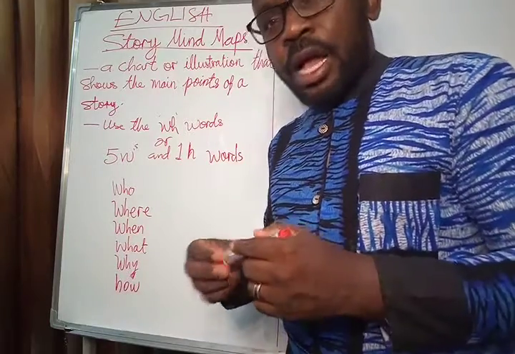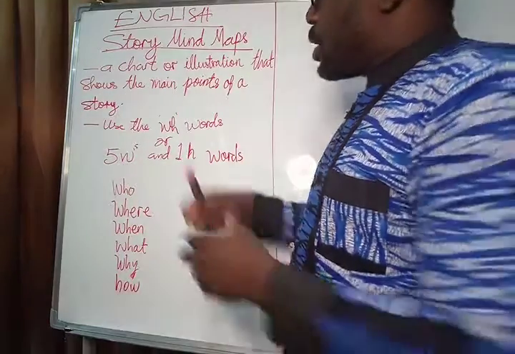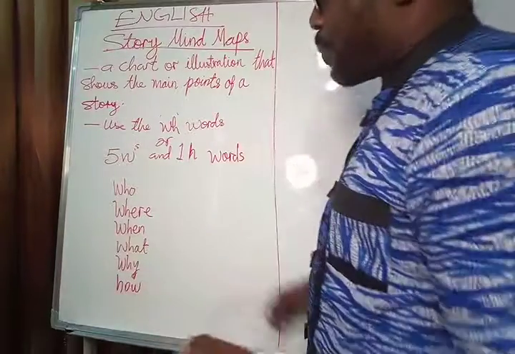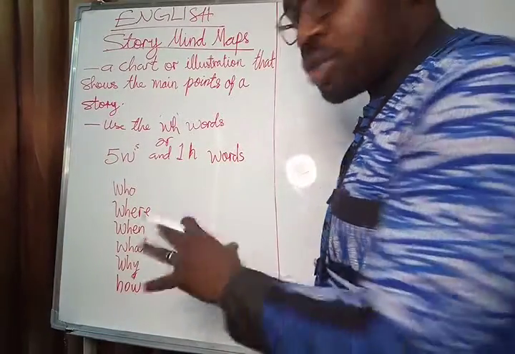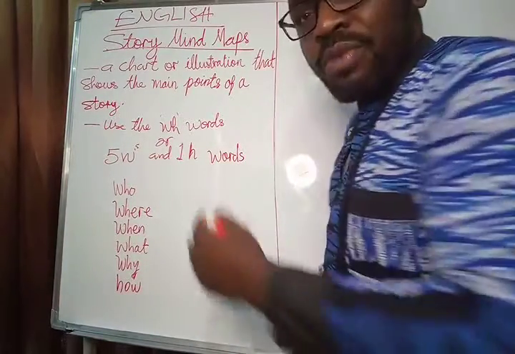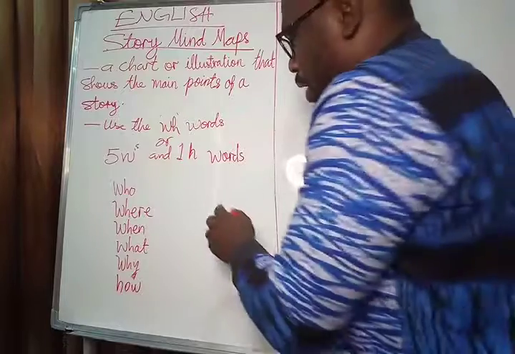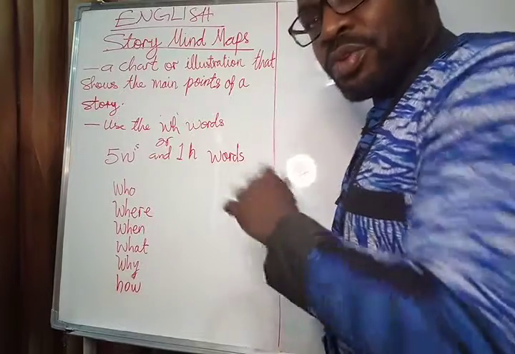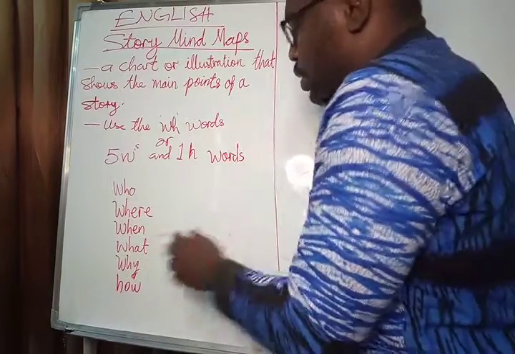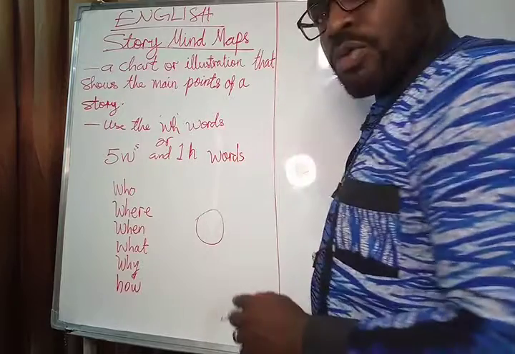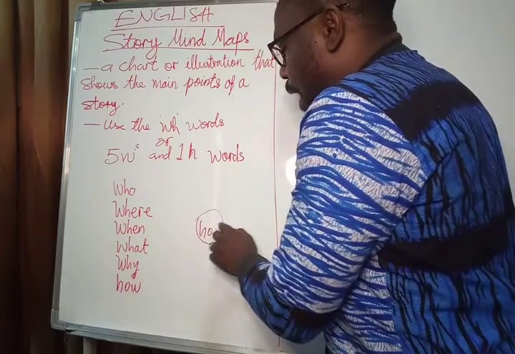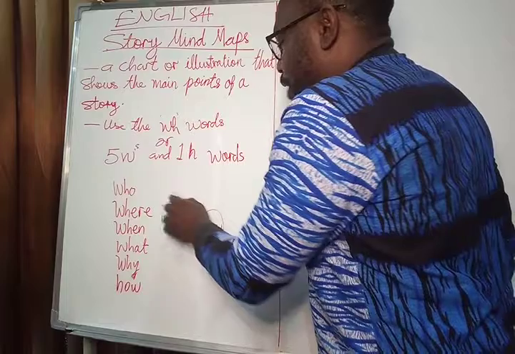Okay. Now regarding stories, if I were to illustrate this map, I could do it in any way. It could come in any form. I can be creative with it. If I just want to go straight to it, I could go with the story. I begin with how. I branch it out.